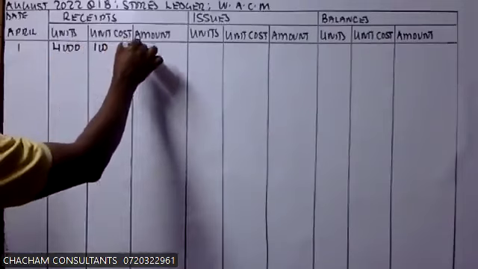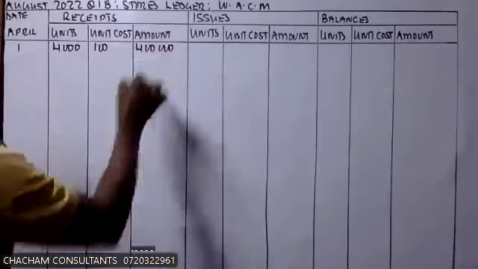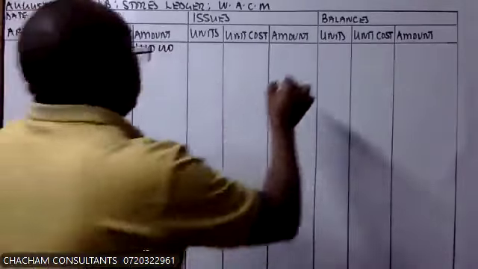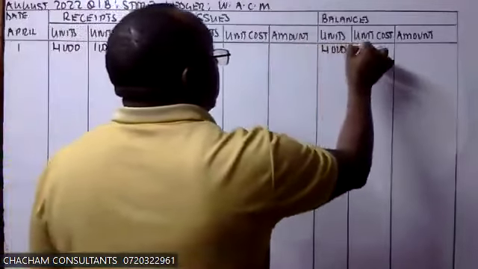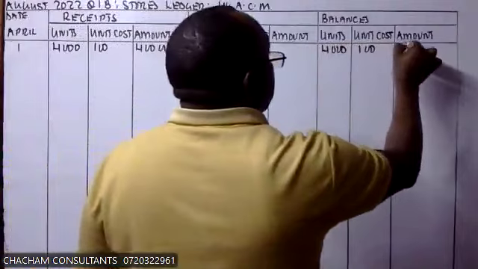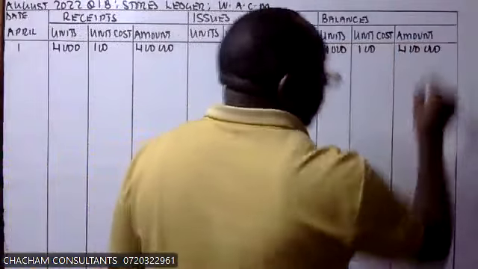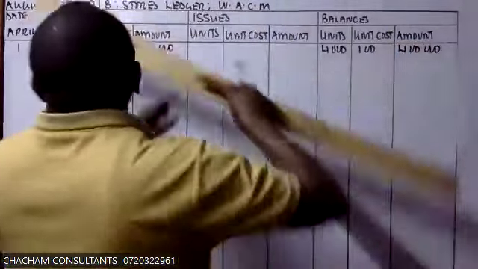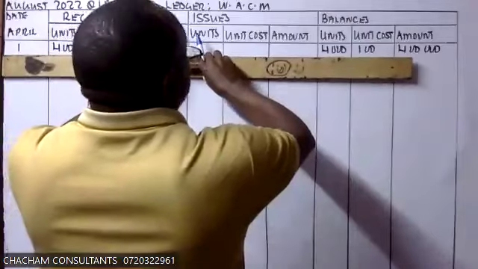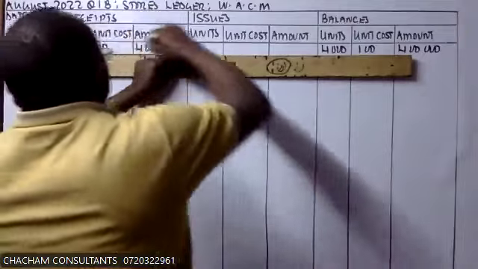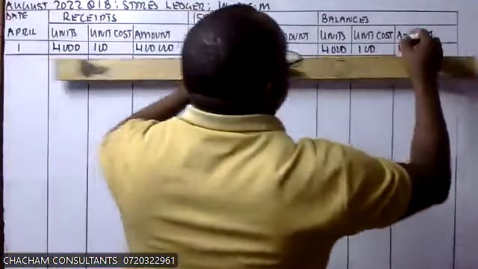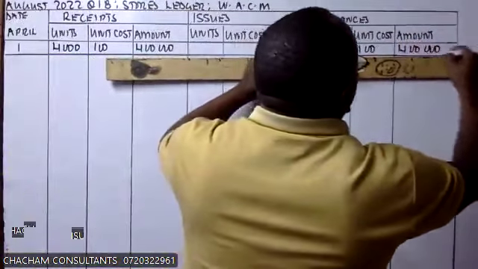So that must be 400,000. And you close the day with the same 4,000 units at 100. So that gives you 400,000.